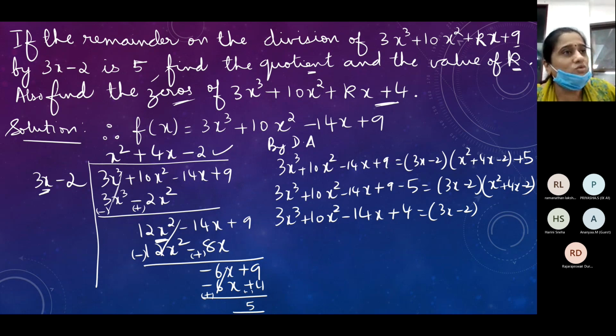Maximum, 2 ones are 2, so you can get a maximum sum of 3. You cannot get 4. So you cannot split the middle term. You'll have to use the quadratic formula. Use the quadratic formula for x squared plus 4x minus 2.